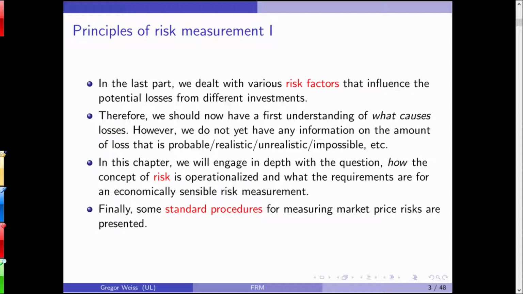At this point, we have at least a basic understanding of what causes financial losses. We have an investment, we have a set of risk factors, we have a risk mapping, and we know that these potential losses are possible.